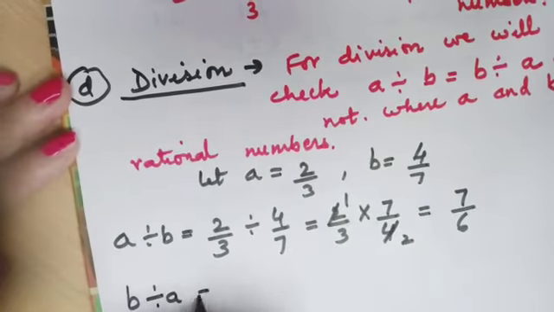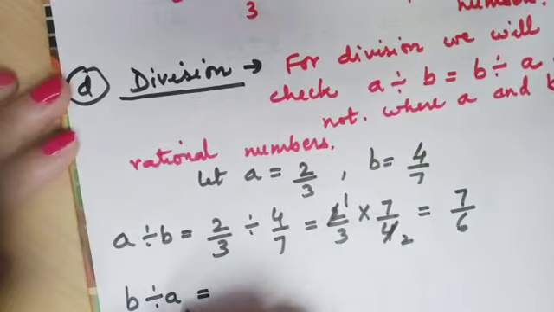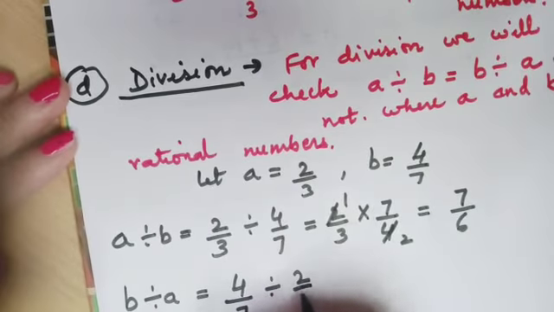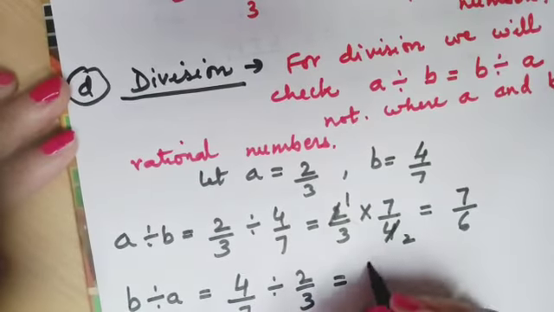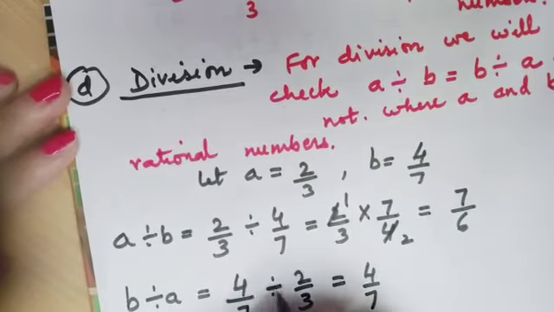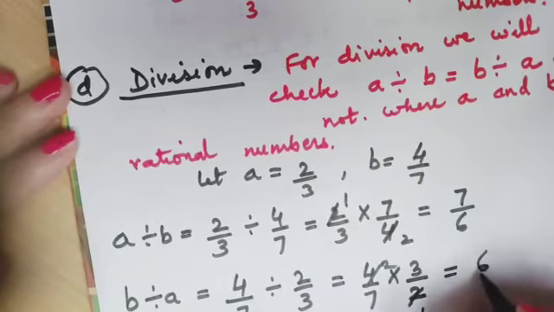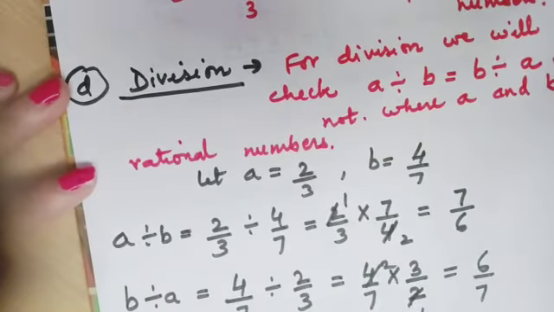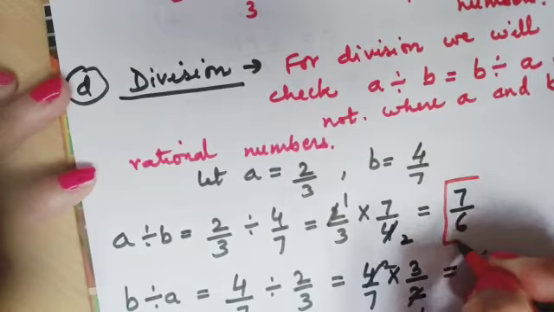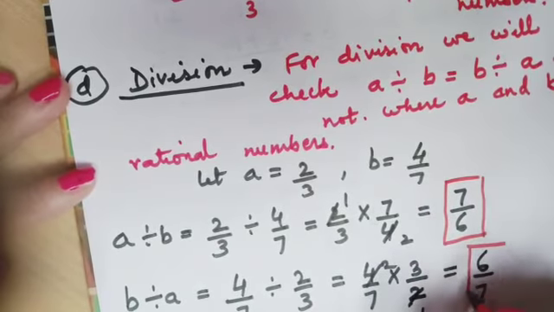Now we are going to put the values in B divided by A. 4/7 divided by 2/3. Again, to solve it, we will change the sign into multiplication and invert it into 3/2. It is 6/7. तो स्टूडेंट्स, क्या ये दोनों इक्वल हैं?